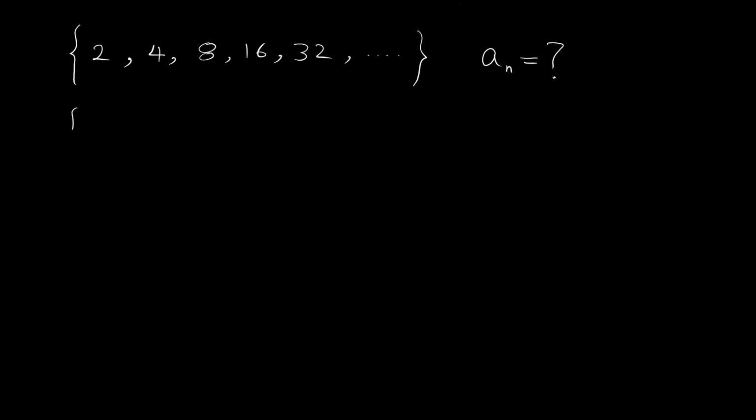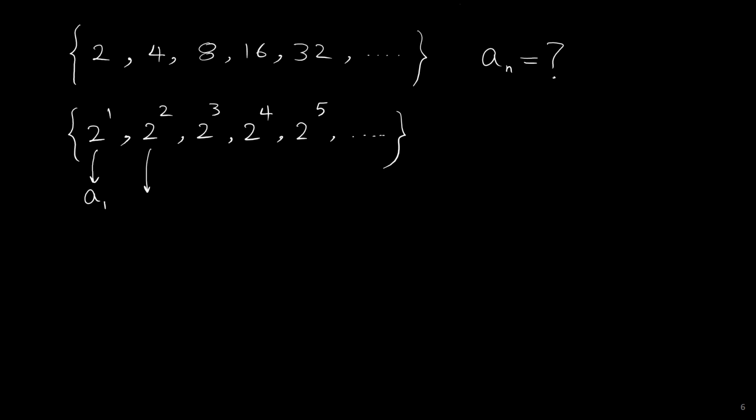By looking at these numbers, you can see that 2 is actually 2 to the power of 1, 4 is 2 to the power of 2, 8 is 2 to the 3, 16 is 2 to the 4, 32 is 2 to the 5th, and so on. As you can see, the first element of this sequence is 2 to the 1. Second element, a sub 2, is 2 to the 2.